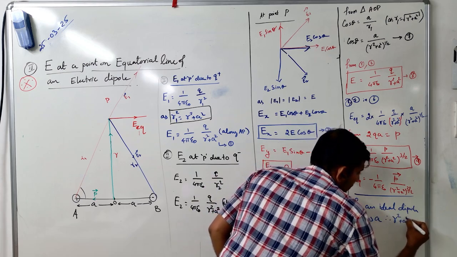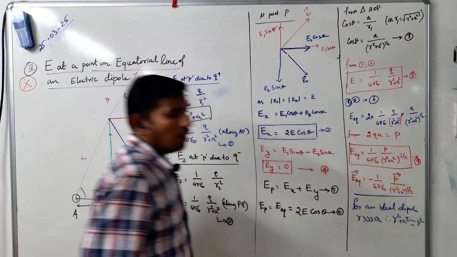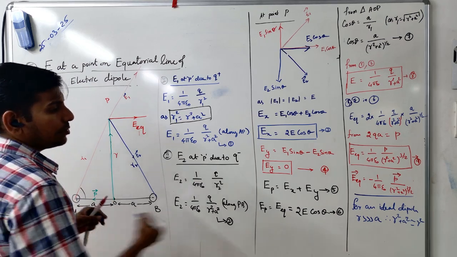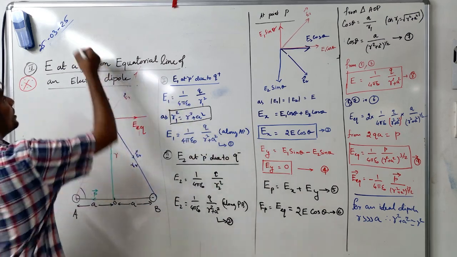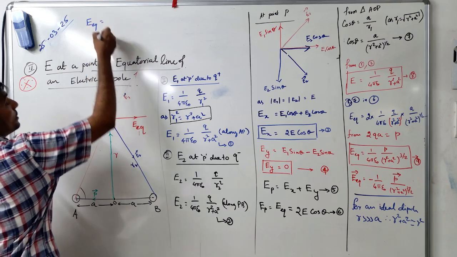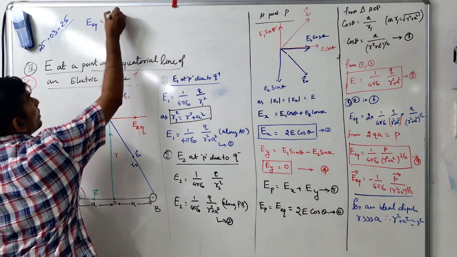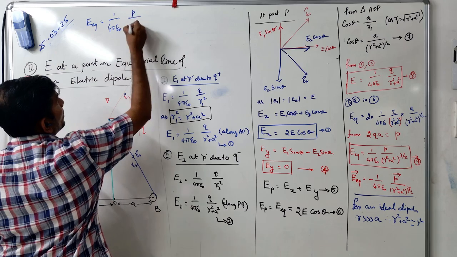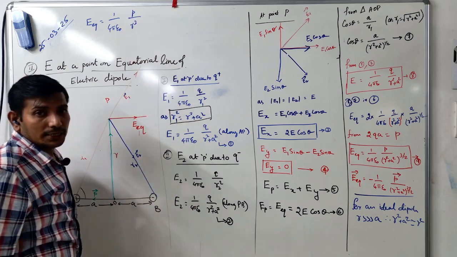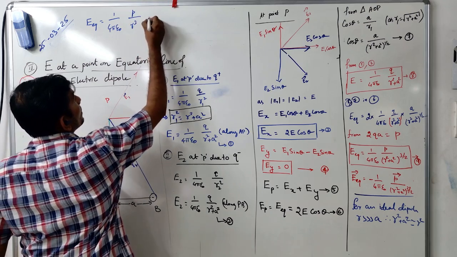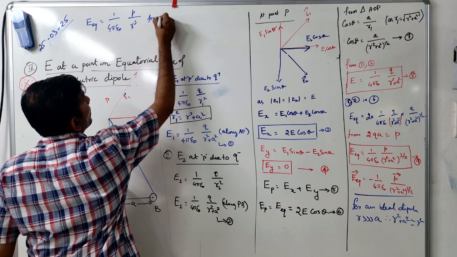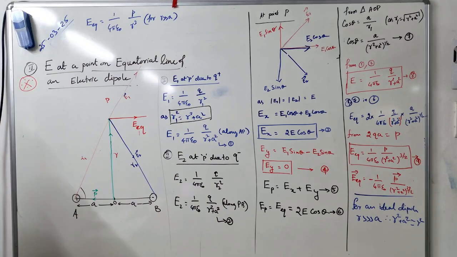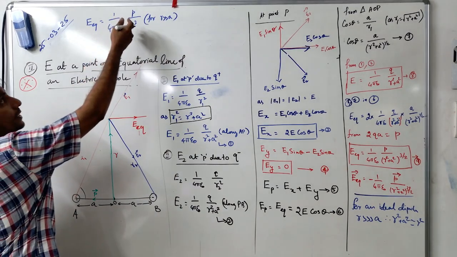Therefore, R squared plus A squared is approximately equal to R squared. So if you substitute that, the final answer will turn into what? E on the equatorial line for an ideal dipole, what's the formula? 1 by 4 pi epsilon naught, P divided by R to the power 3, for R much greater than A. If you want to write it in vector form, how will you write?